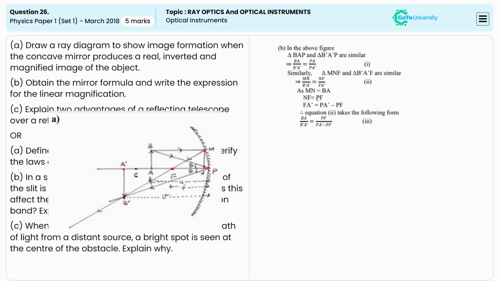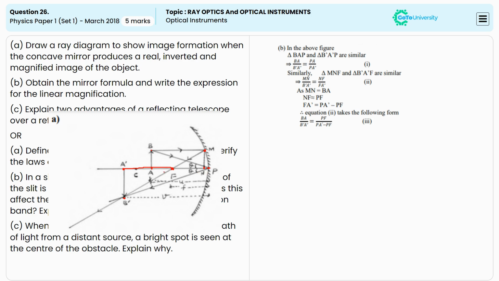As MN is equal to BA, observe here, MN is equal to BA. This distance is the same, then NF is almost equal to PF. Then FA' is equal to PA' minus PF.